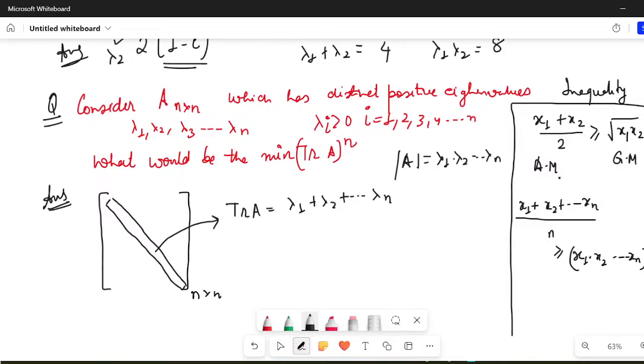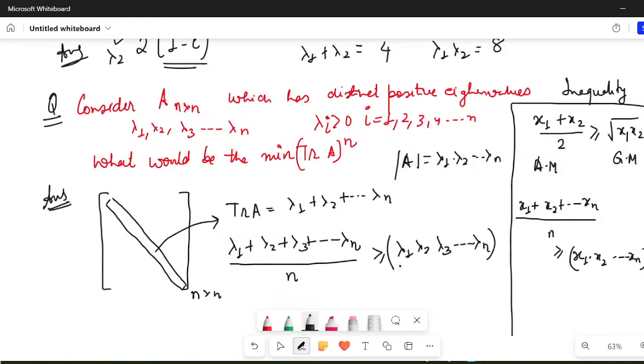Now let us apply this arithmetic mean greater than or equal to geometric mean. So (lambda 1 + lambda 2 + lambda 3 + ... + lambda n) divided by n is always greater than or equal to (lambda 1 into lambda 2 into lambda 3 ... lambda n) raised to the power 1 over n. So what am I getting from here?